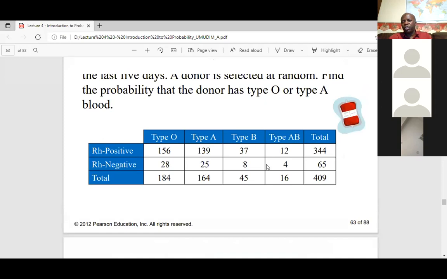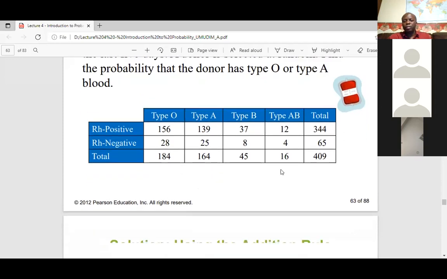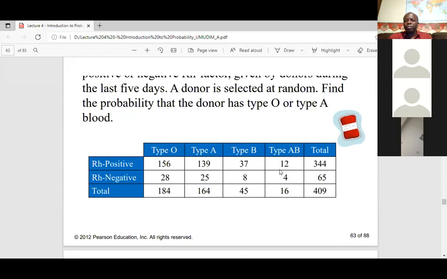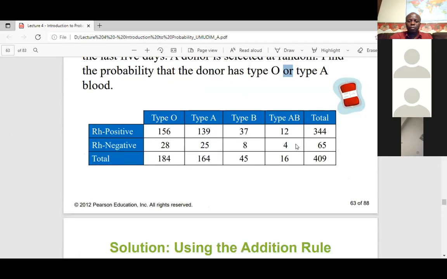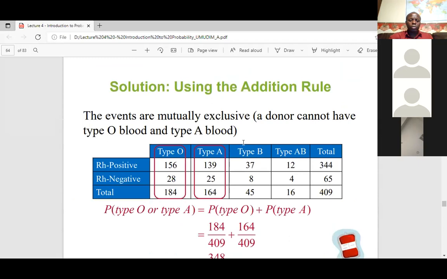So when you have this kind of chart, the first thing is to get the totals, and then you can find the probability. It says, find the probability that the donor has type O or type A blood. This is the keyword that tells you that it's going to be the addition rule: type O or type A. Let's type the event, type O or type A, that you're looking for.